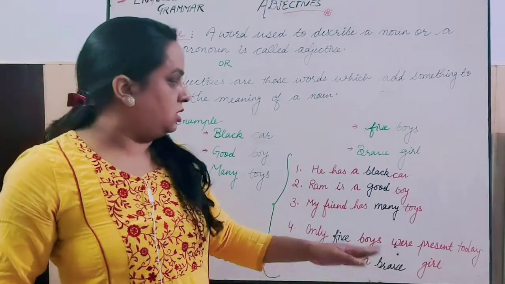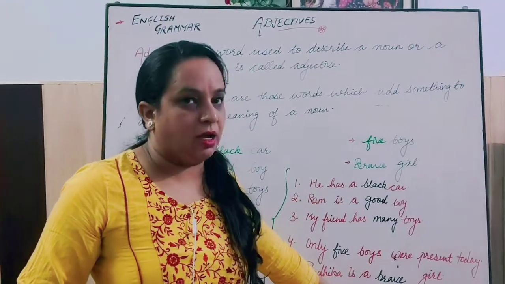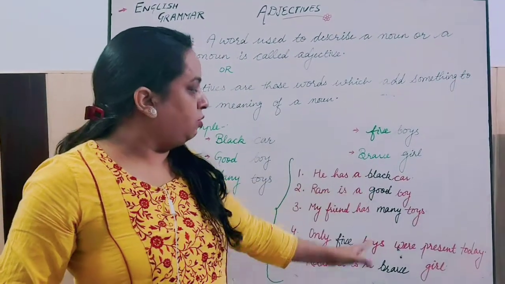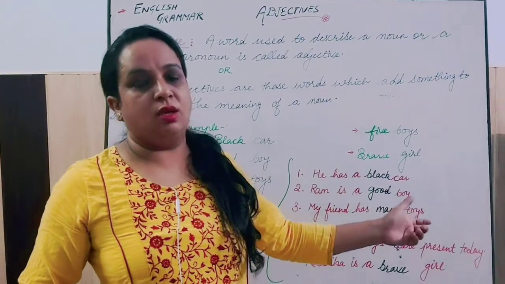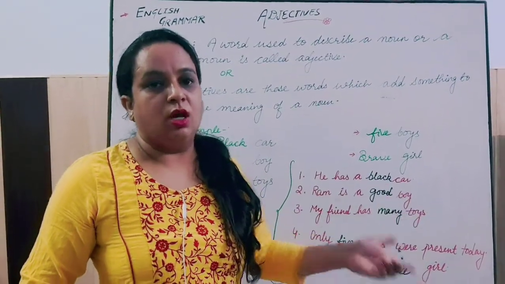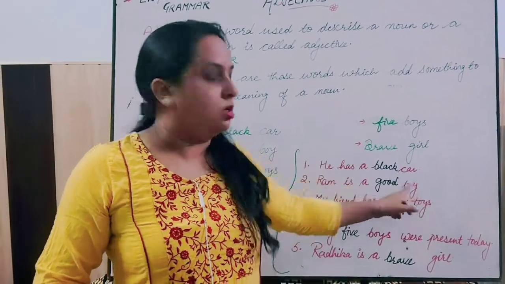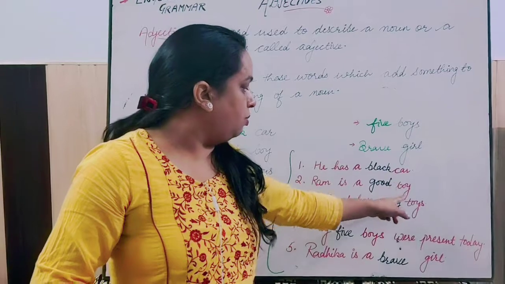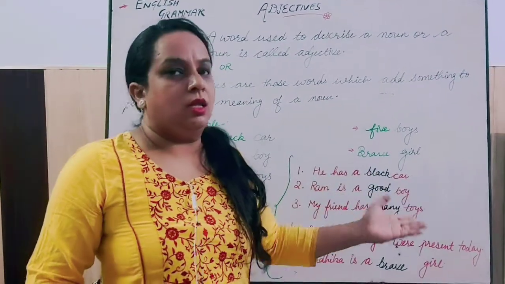Now you can see, if I remove the words which are written in black letters, the sentence still gives a sense. But I have used those words to describe the nouns, like black car, good boy, many toys. If I say he has a car, that's okay.